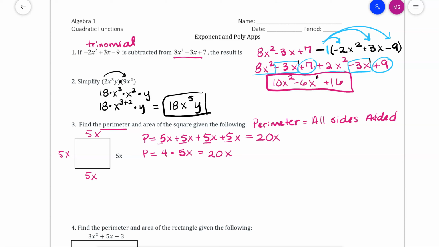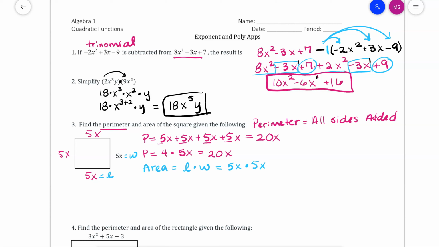All right. Next, we're going to deal with area. So area equals length times width. In our case, it doesn't matter which side we notate as length and which side is width, because they're actually going to be the same, because it's a square. So when we rewrite this, it's going to be 5x times 5x.